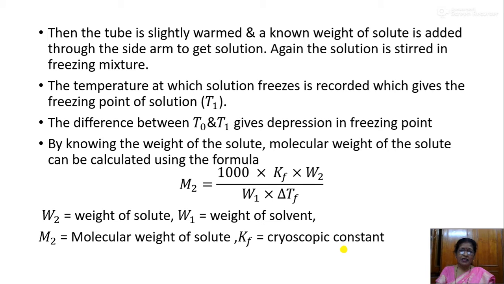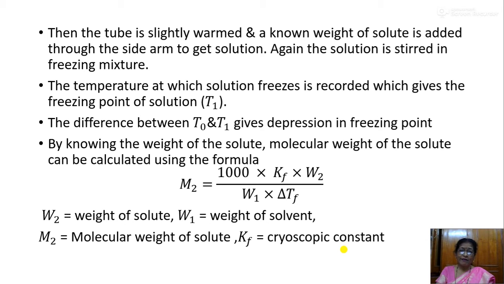The temperature at which the solution freezes is recorded, which gives the freezing point of the solution, T1. T0 is the freezing temperature of only solvent and T1 is the freezing temperature of the solution. The difference between these two gives the depression in the freezing point.